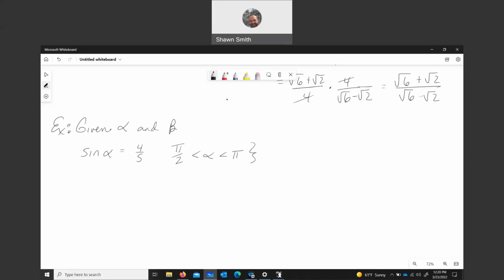So this tells us what quadrant? Quadrant 2, right? And the cosine of beta is equal to -5/13, and beta is in between pi and 3 pi over 2. So this means we're in quadrant 3, right?